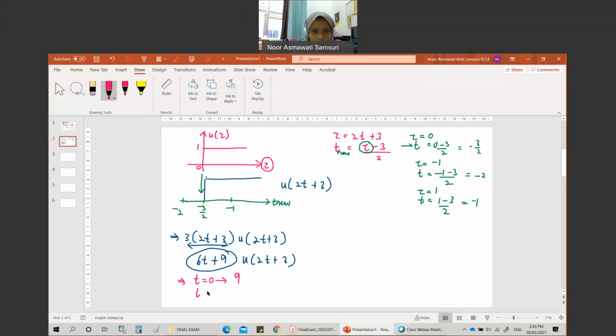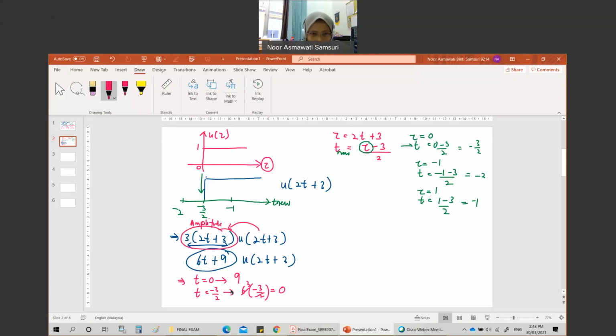When t equal to negative 3 over 2, 6 times negative 3 over 2 is negative 9, plus 9 equal to 0. Okay, so this is the magnitude. Remember, outside the bracket, all are amplitude-based operations, so it will only affect the amplitude, nothing to do with the t.